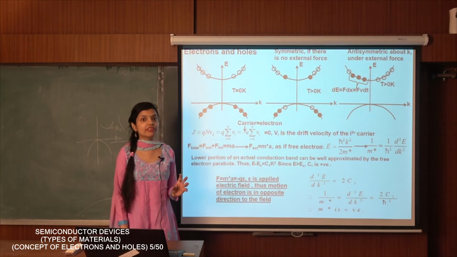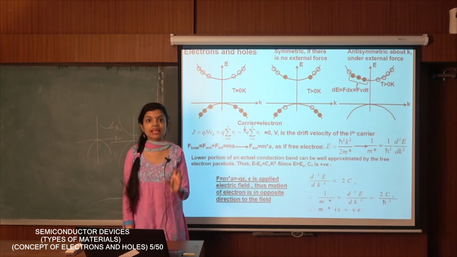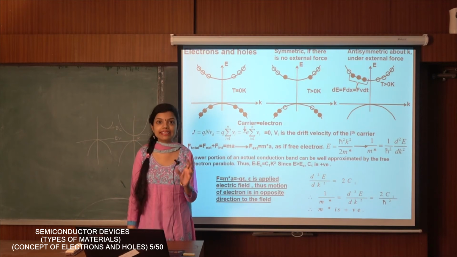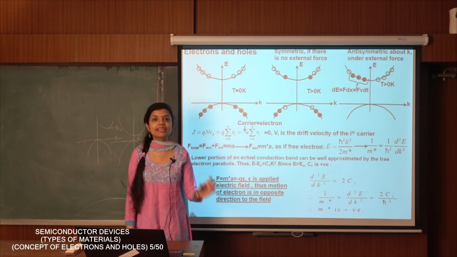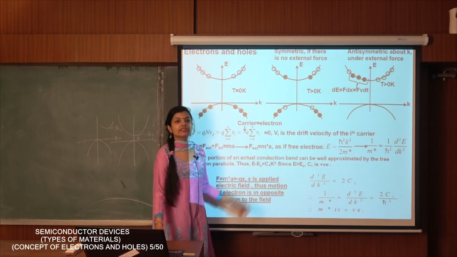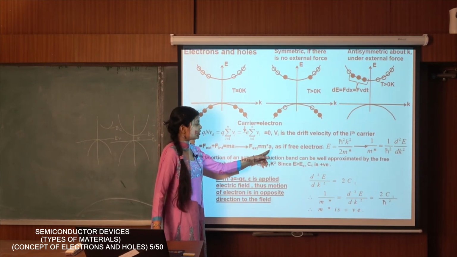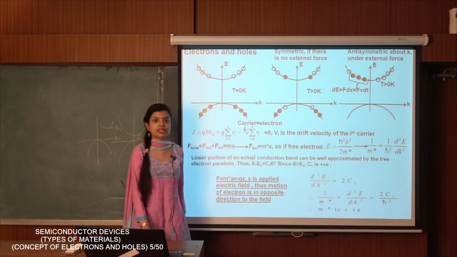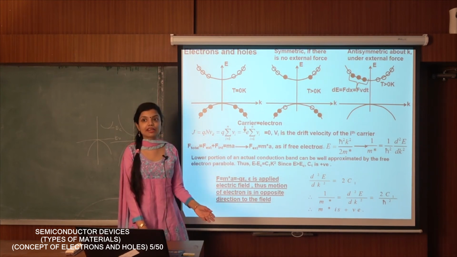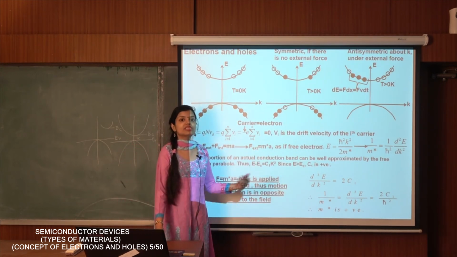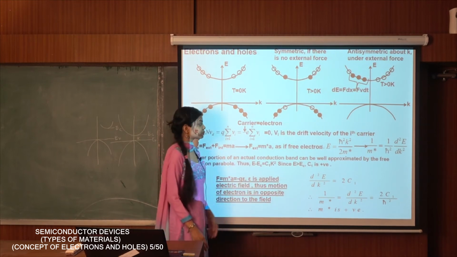But it is very difficult to measure these internal forces. Therefore, accounting for the internal forces, we assume a quantity called the effective mass of the electron in that material. This effective mass multiplied by the acceleration gives us only the external force. Therefore, we have taken care of the internal forces through the effective mass, which differs from material to material.